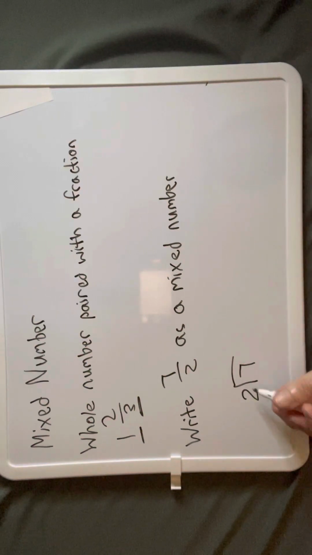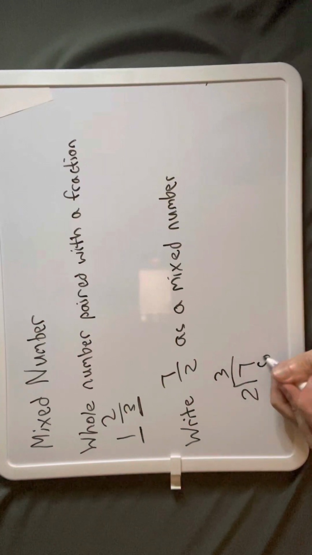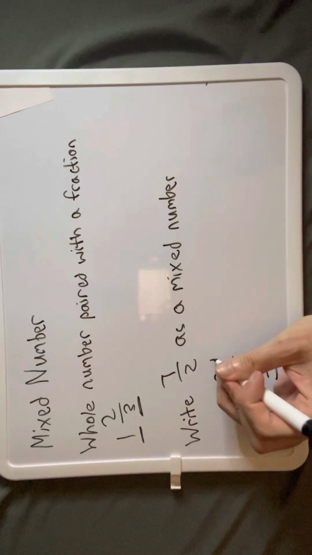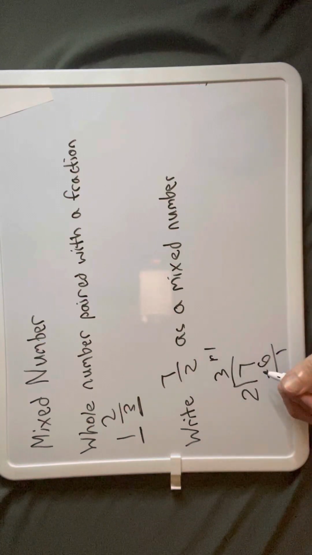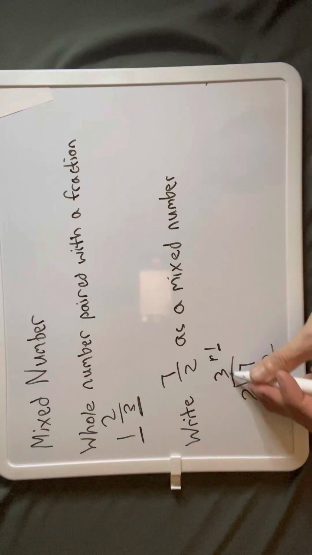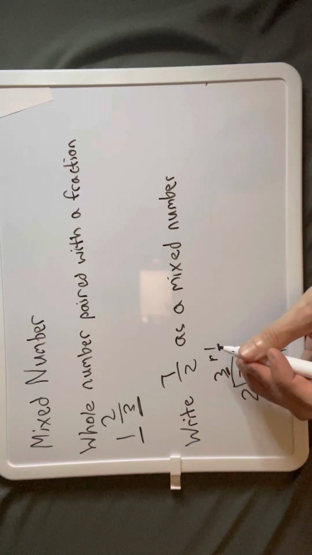Now, I know 2 goes into 7 3 times, because 2 times 3 is 6, minus 1, and I have a remainder of 1. Now, what does that mean? What does that remainder of 1 mean? Because I know this 3 means I have a whole number of 3. So what does the remainder of 1 mean?